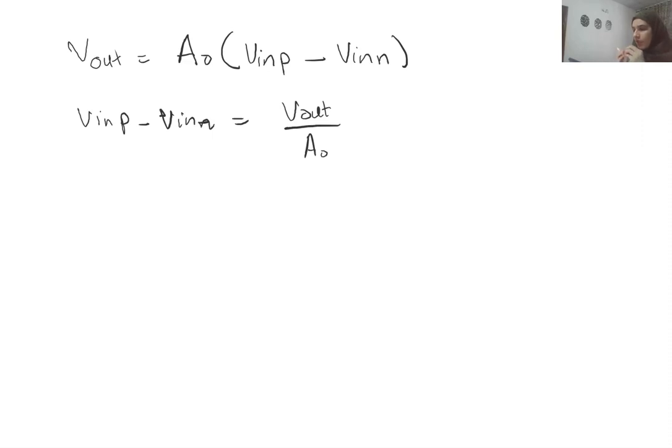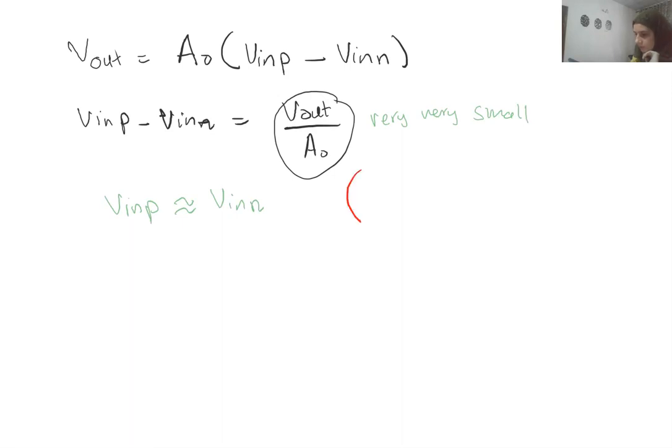Since it's a very large value, this term here will be very, very small. Therefore, we can assume that Vin positive is almost equal to Vin negative, again assuming A0 is very high.